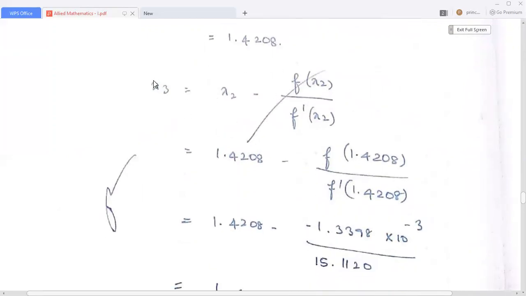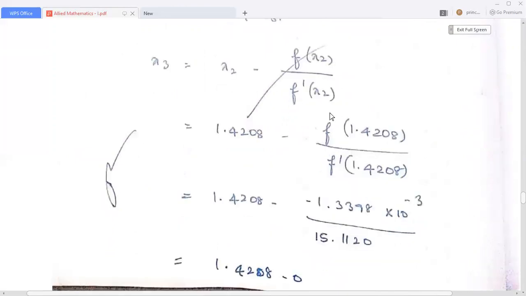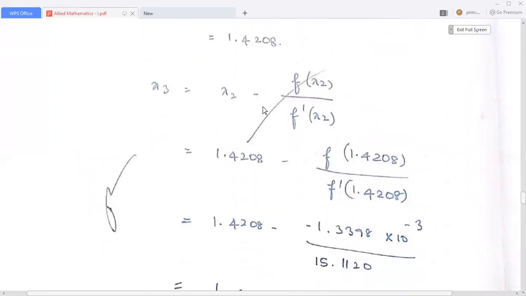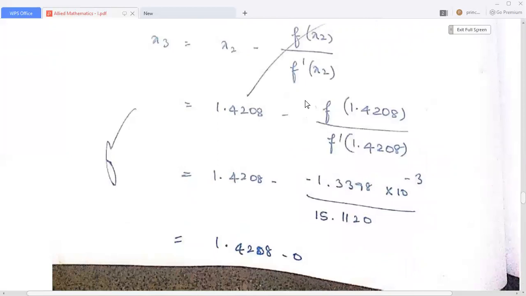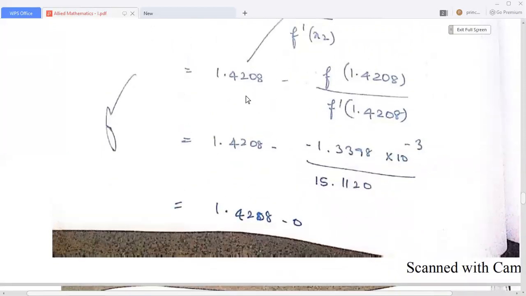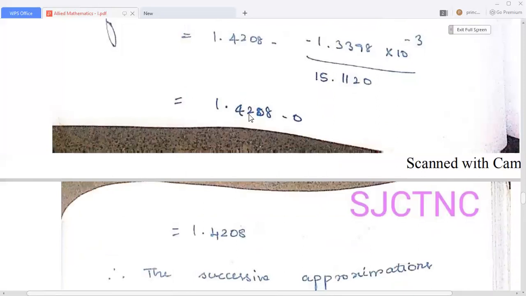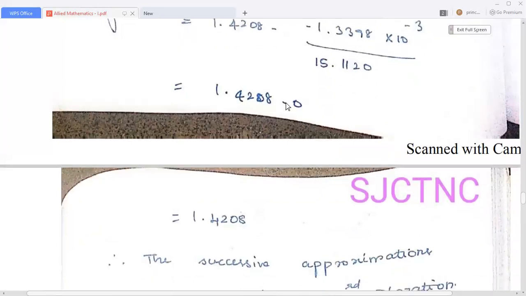Similarly, we find the third approximation x3 equal to x2 minus f of x2 by f dash of x2. To find x3, we need x2 value. That value is to be substituted in x3. Then we calculate this. So x3 equal to 1.4208.